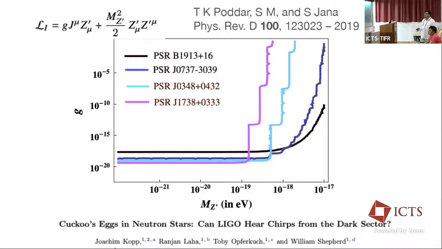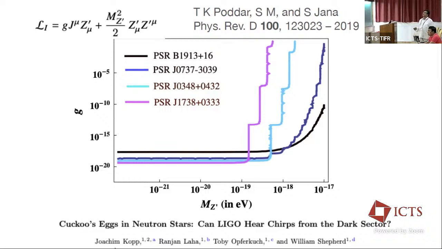So this is sort of a probe of ultralight dark matter. So we use the idea that neutron stars always have muons in them. So there is always a source if this extra gauge sector exists, because in neutron stars, the neutron has a decay to muon and anti-muon neutrino, and there is an equilibrium density of muons there.